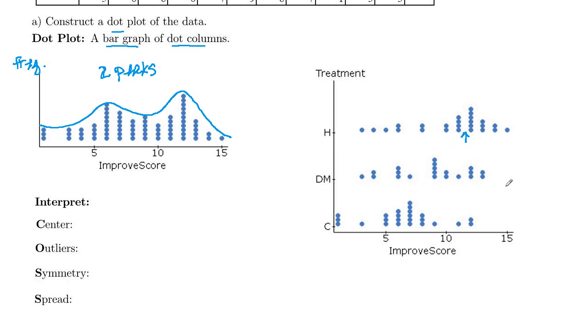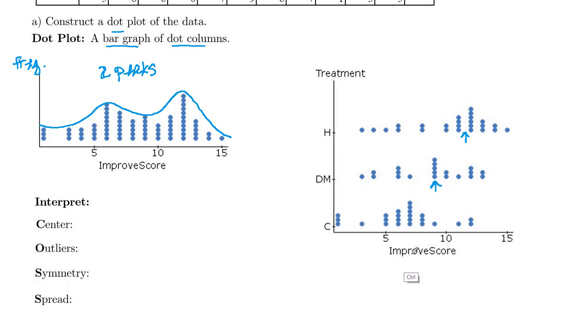Then for the dextromethorphan data, it looks like it's around this column. I'm just estimating here. I see 1, 2, 3, 4, 5, 6, 7, 8 dots, and 1, 2, 3, 4, 5, 6, 7 dots, so probably about right there. And then the center for the control looks like it may be around 7, because we have 3, 4, 5, 6, 7 above and 1 through 11 below.